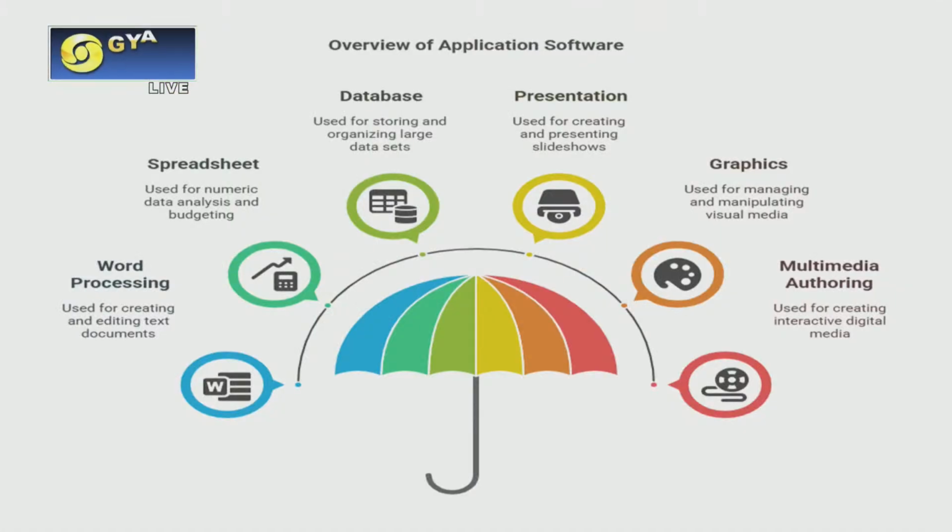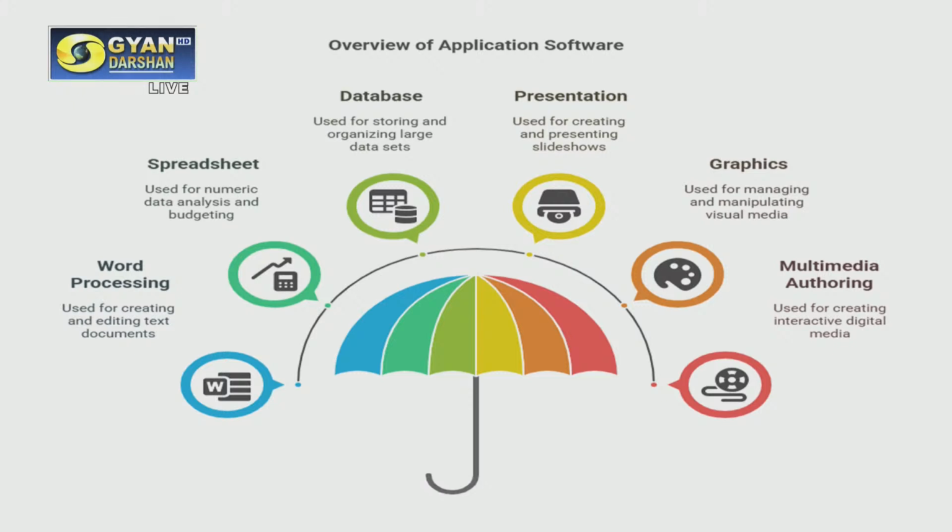So all these cover the programming software, but there is also application software, and as I already said, application software is software which is directly in interaction with the end user, and we have n number of application software. Likewise, we have word processing, spreadsheets, databases, presentation software, graphic design software, and multimedia authoring software.